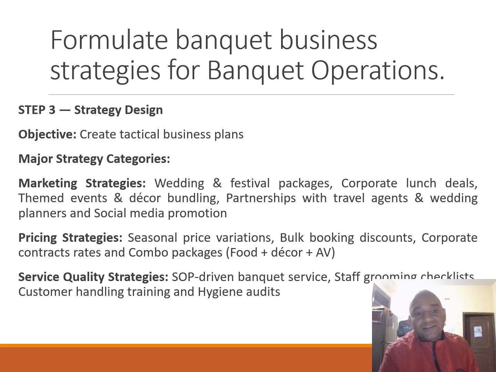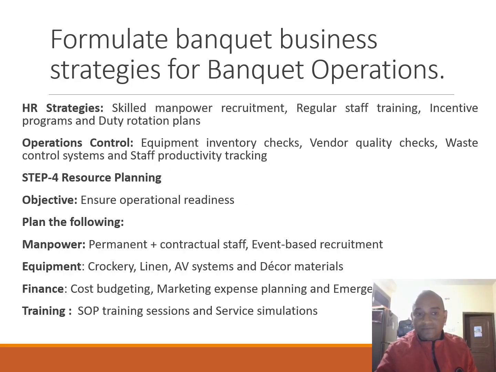The second is pricing strategies: seasonal pricing variations, bulk booking discounts, what we can offer corporates, contracts, how we can target corporate guests, and how we can offer combo rates including food, decor, and AV. Service quality strategies: standard operating procedures driven banquet service, staff grooming checklists, customer handling, training and hygiene audits. Those are also an important part of that.